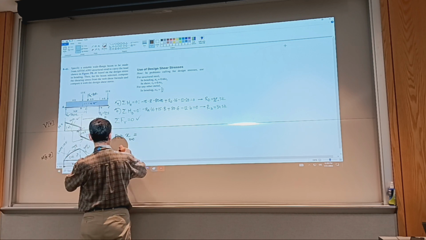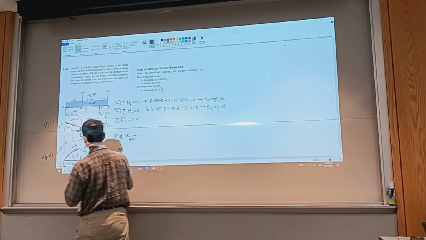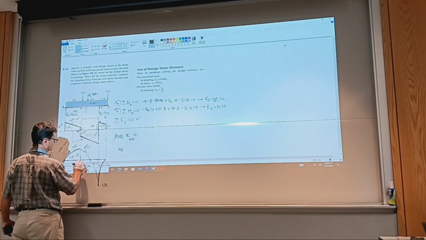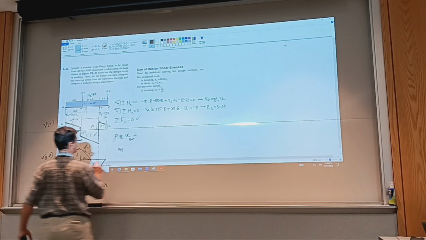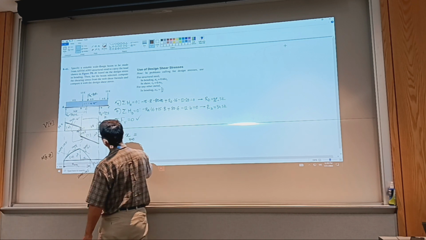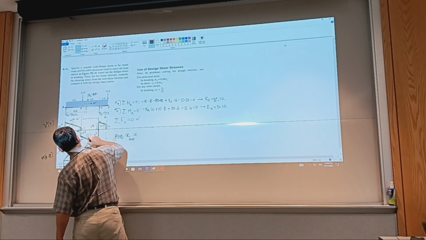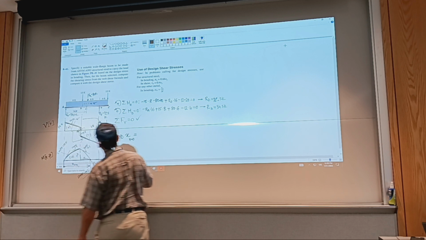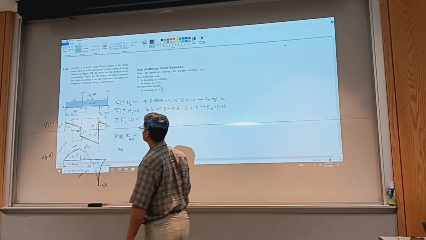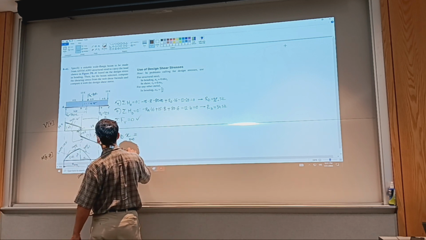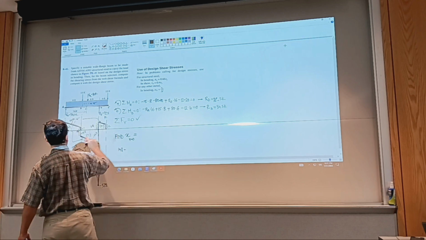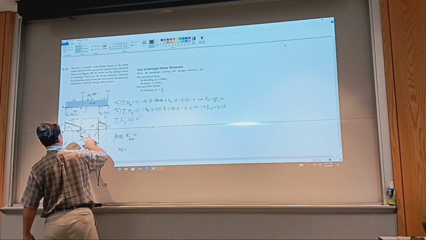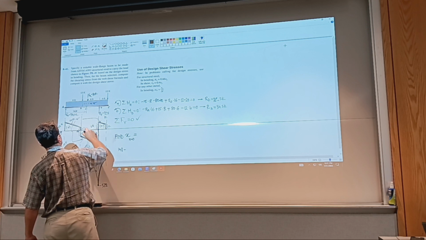So we're going to say 148, and then we're going to call this distance A. 148, which A translates here, so is going to be negative. Well, I need to evaluate the moment or the shear at distance A, and that will be a parametric value.